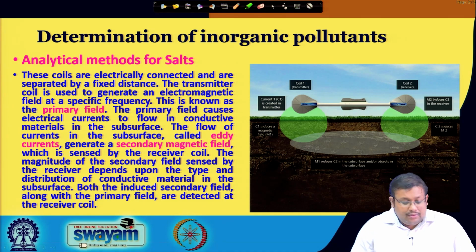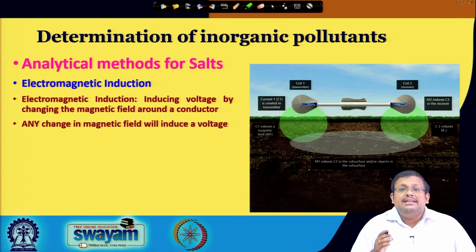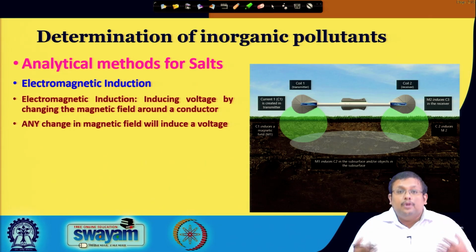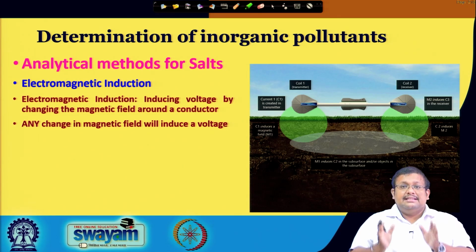Now, let me show you a picture. So, basically you can see 2 points. One is the electromagnetic induction, which is inducing voltage by changing the magnetic field around a conductor, and secondly the important thing is any change in the magnetic field will induce a voltage.